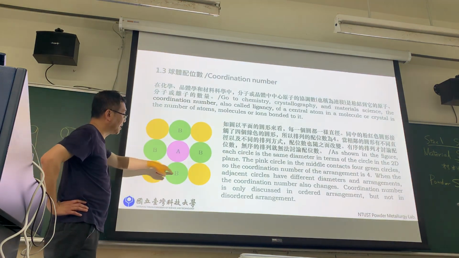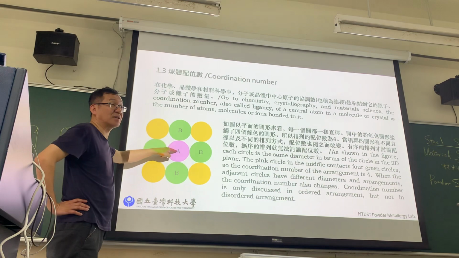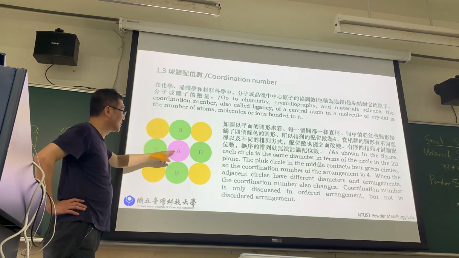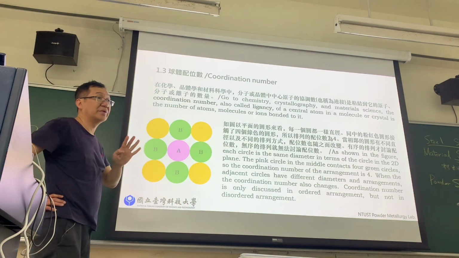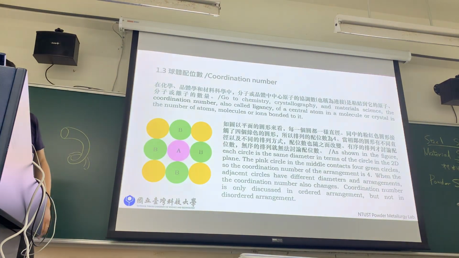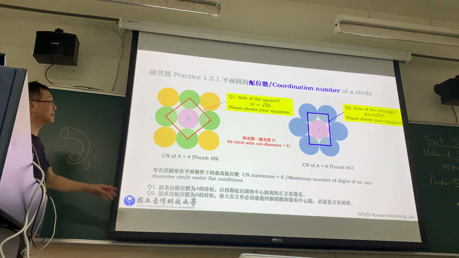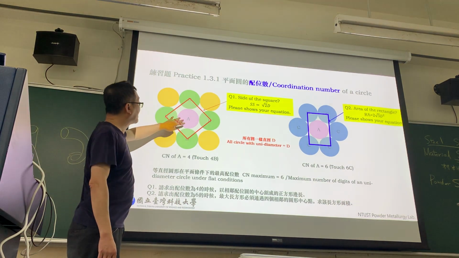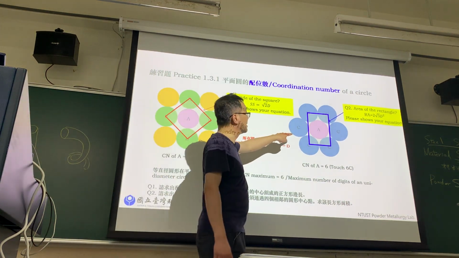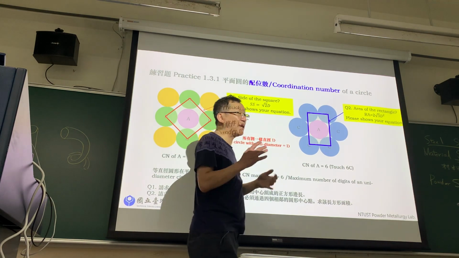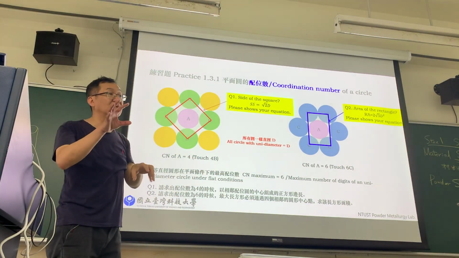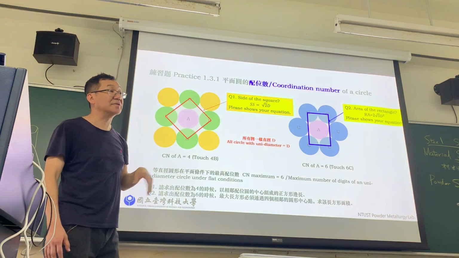B, this one does not touch, so we say A's coordination number is 4. But this one is more, this one is 6. So it depends on its arrangement. Okay, so different.